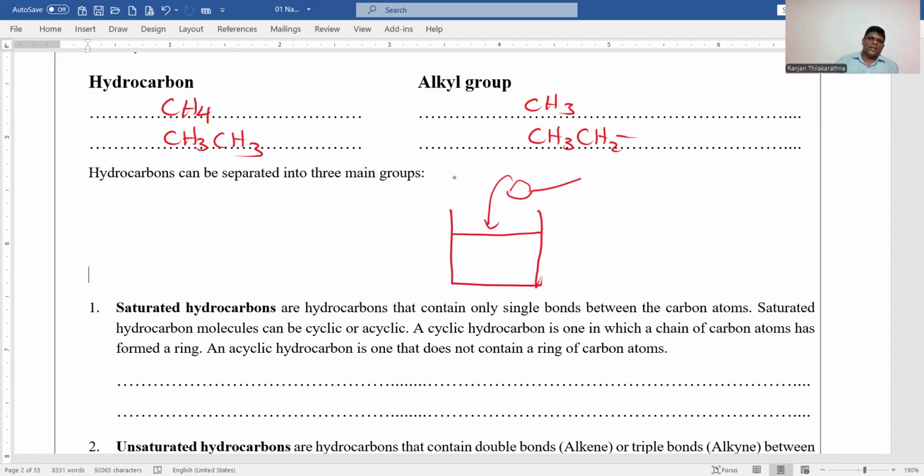And again, you add another teaspoon of sugar and stir. At that time, you will see that no matter how much you stir, some amount of undissolved sugar remains. That means you have dissolved the maximum amount of sugar in that water.